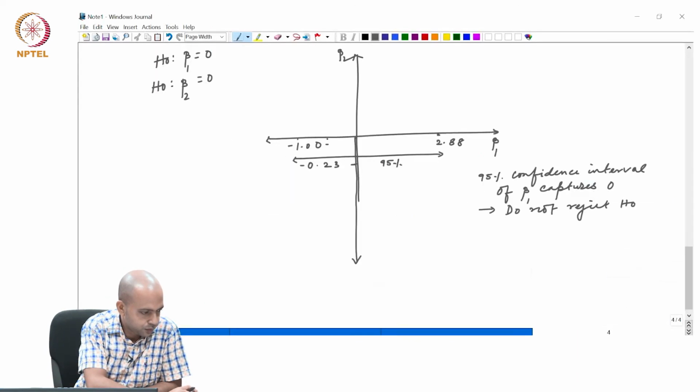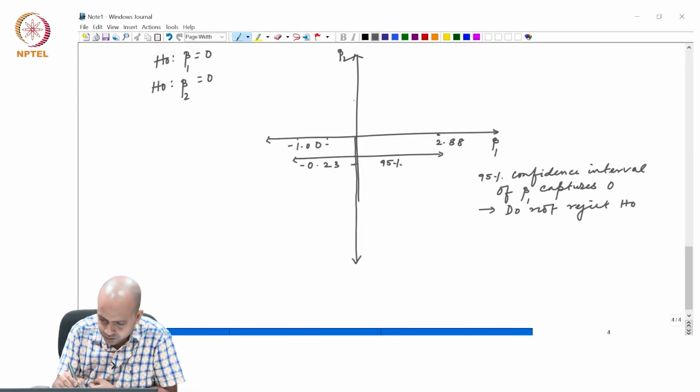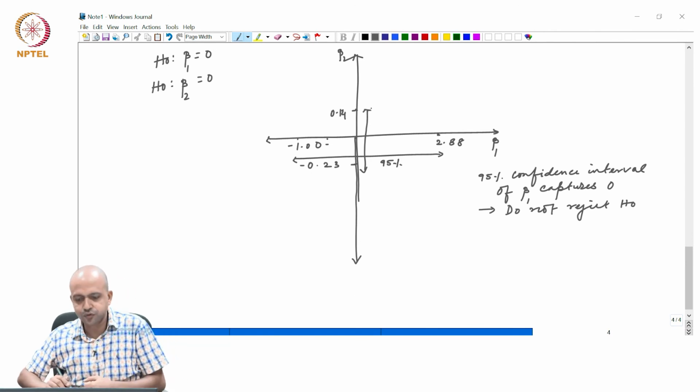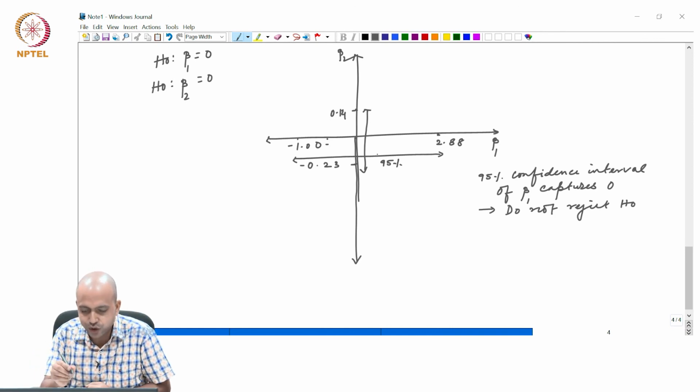Again, this 95% confidence interval for beta 2 also captures 0.